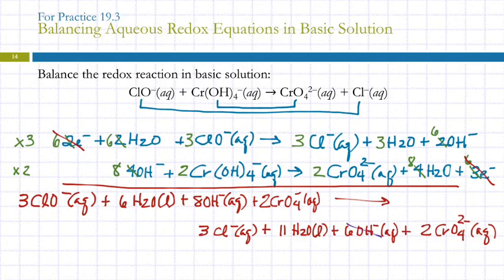So I'm going to take those 6 out, and I'm going to take 6 out from this side, which makes that a 2. Subtracting 6 hydroxides from each side. I've got 6 water molecules on the left and 11 on the right. So I'm going to subtract that out as well. So I'm going to get rid of all 6 on the left. I'm going to subtract 6 here. That's going to leave me with 5 water molecules.